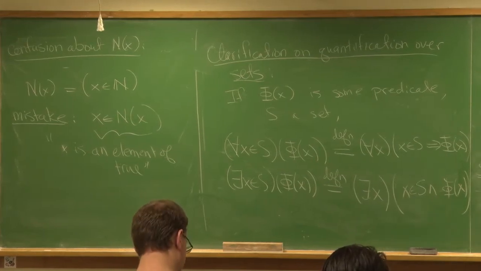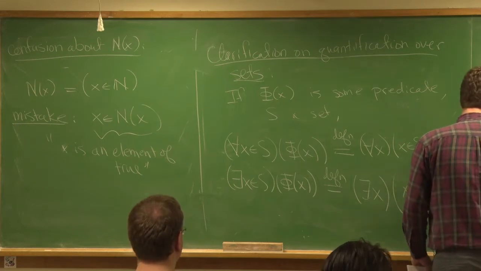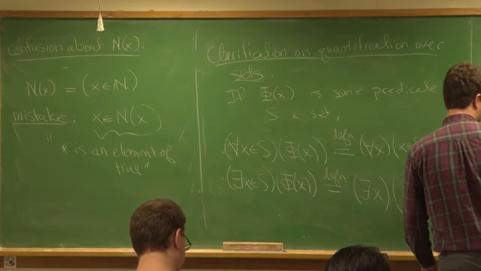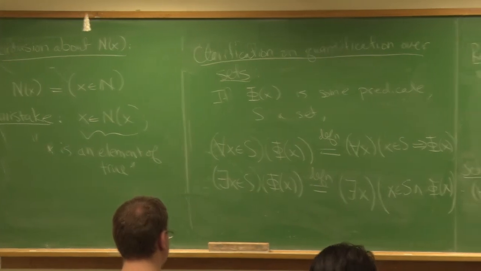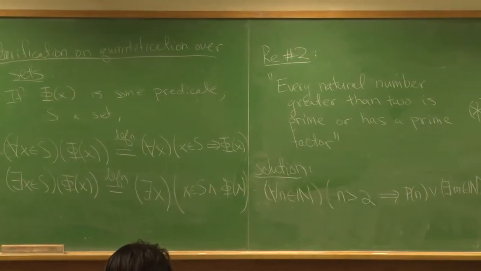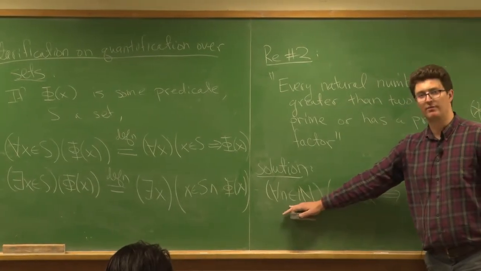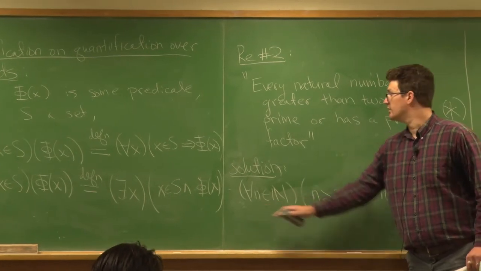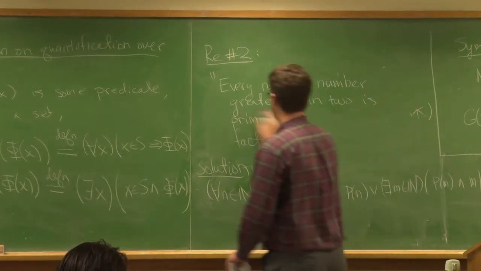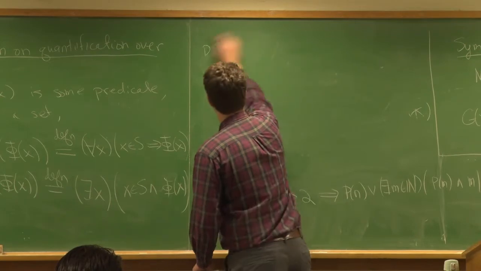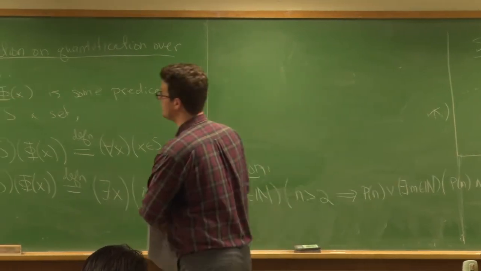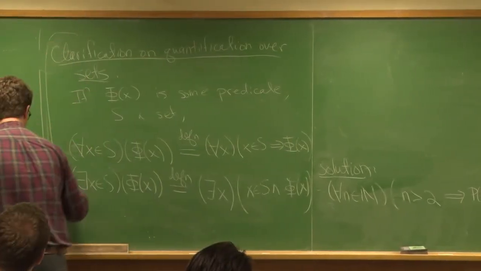Okay? So what does this mean, right? So in our statement here, in our application, you notice how I wrote it like here, for all n in the natural numbers. So this is this little side thing here.